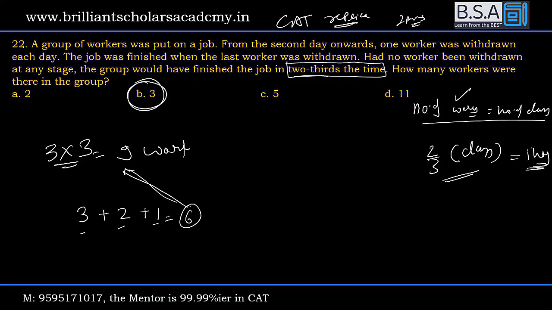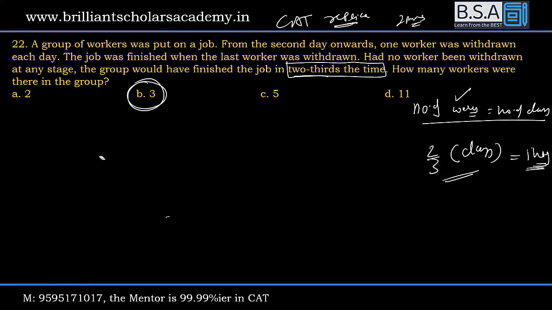Oh, I'm reading it in reverse. Still, the answer is correct, guys. Question is, when workers are being removed, please observe. 3 workers on first day, 2 workers on second, third worker on the last day. The work is 6.